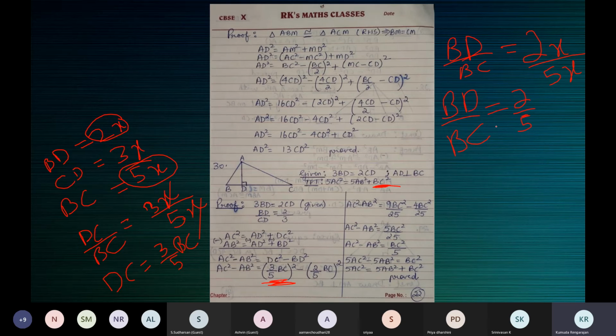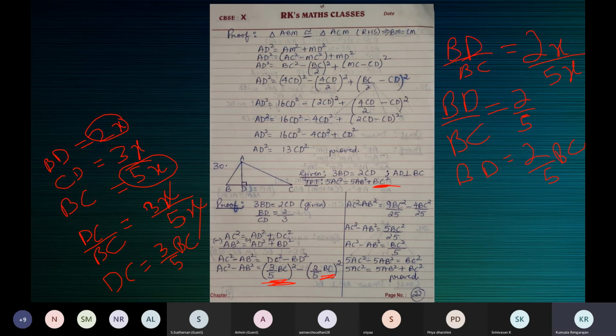On cross multiplying, we get BD is equal to 2/5 of BC. So take away BD and write 2/5 of BC. Like this, we have successfully introduced BC.